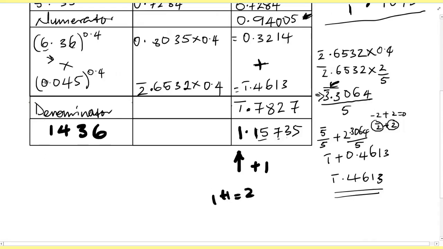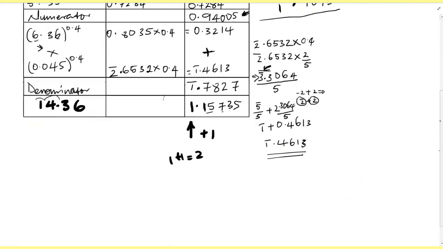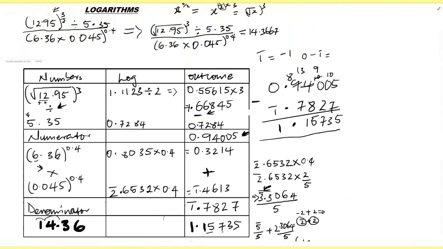So you now count from the left hand side to the right hand side. So we count 1 and 2. So you put a decimal point here. So you can see that what we have is quite the same with what you're going to get if you check with a calculator. If you check your calculator, you're going to get the same thing. So you see, this is what we got as the answer, and this is what we're getting here as the answer.